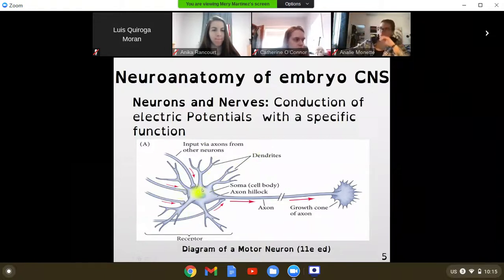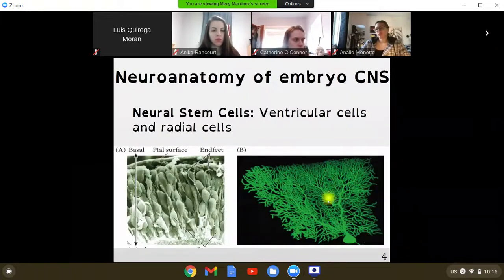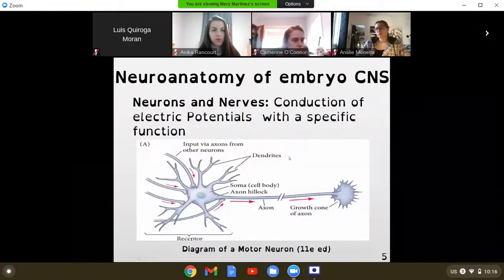Then we have the soma, which is the body of the neuron. Some neurons may have few dendrites attached to the soma. Some others will have extensive dendritic trees, like the Purkinje cells, for instance. This is a Purkinje cell. This has a huge, massive amount of dendrites.